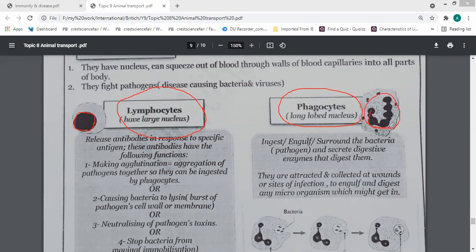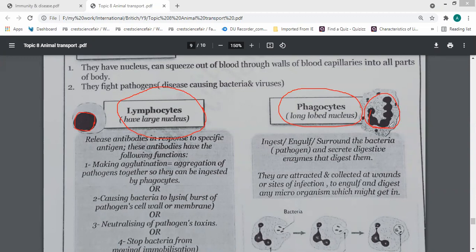So we can differentiate between these two types of white blood cells, lymphocytes and phagocytes, by the shape of the nucleus. In case of a large nucleus, it will be lymphocytes. In case of a long lobed nucleus, it will be phagocytes. Then we can also differentiate between them by their function.